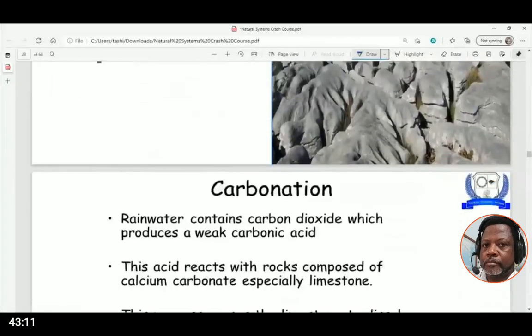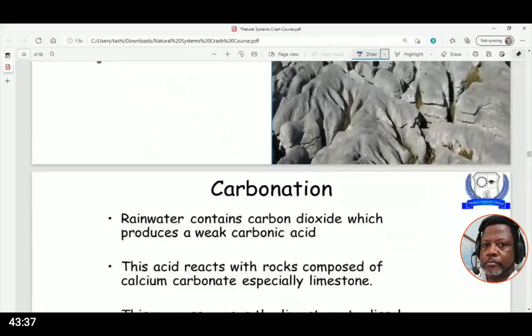So with carbonation, rainwater contains carbon dioxide, which produces a weak carbonic acid. The acid reacts with rocks composed of calcium carbonate. Limestone is an example that is made up of over 50% calcium carbonate. So limestone will go through this process of carbonation a lot.